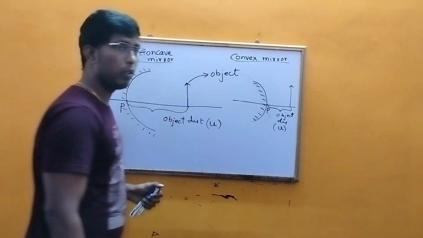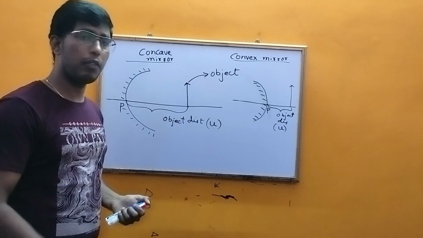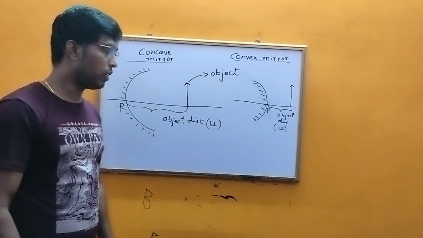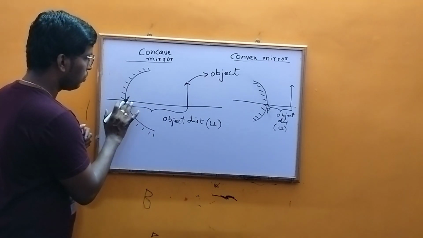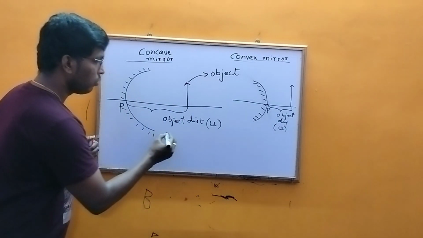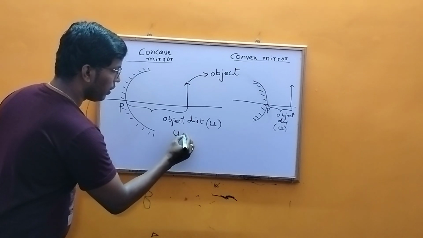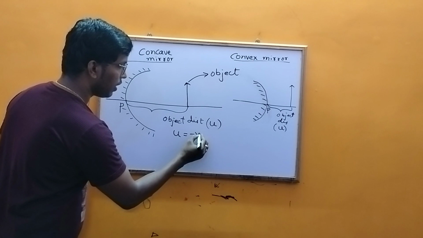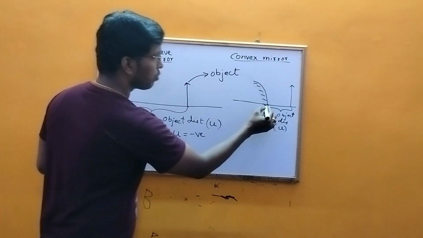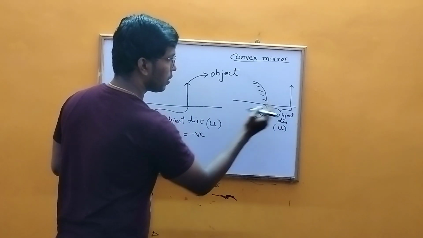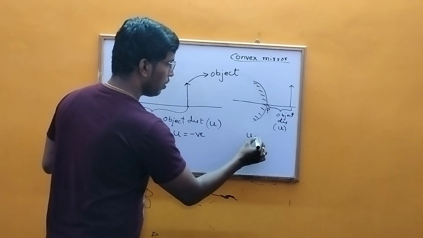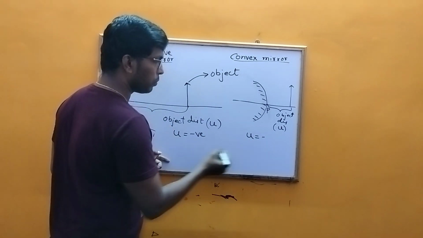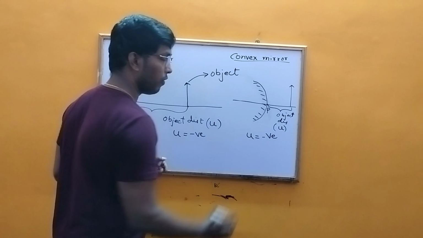If you observe here, the object is always opposite to the mirror, so we will take it as negative. Even here, the mirror and the object both are opposite. So U value, U is nothing but object distance, will be negative.